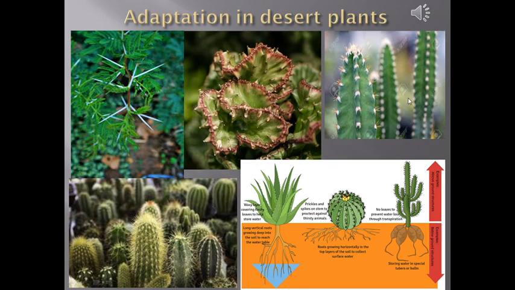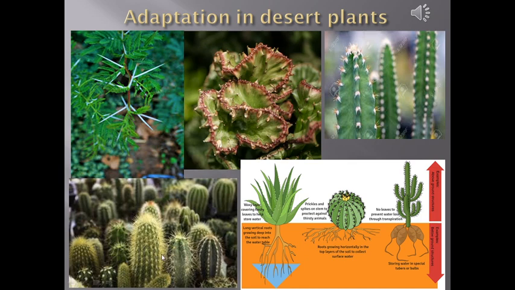So if you observe, the stems are green in color because they are the ones who will be doing the process of photosynthesis. At the same time, the stems are fleshy. They store water in them and so they are fleshy.